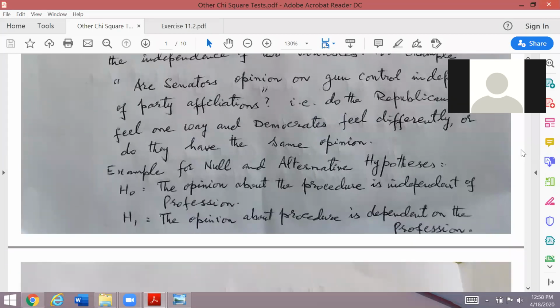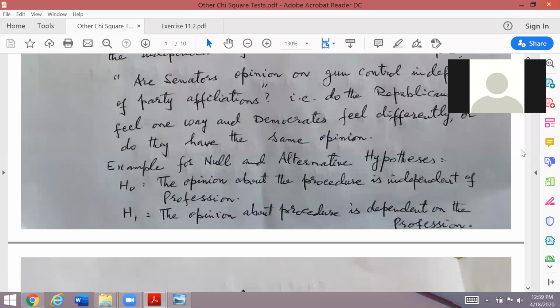Now, the style of writing will be for the null hypothesis and for the alternative hypothesis. You have to always write independent in H naught and the case of dependent in H1. Let me make this concept more clear to you by giving an example.